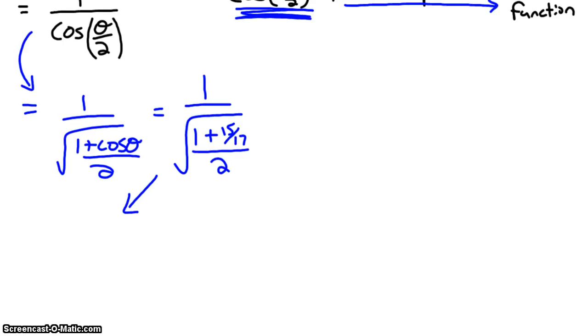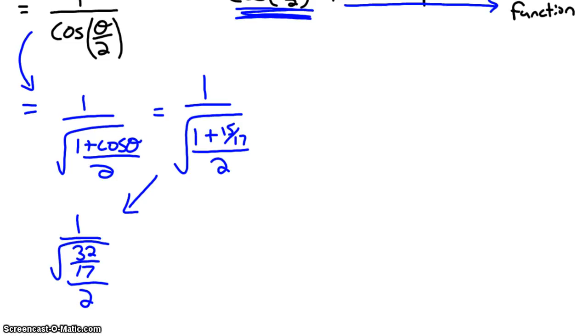That then will be reducible and will give us a 1 over a radical. In this case, we're changing the 1 to a 17 over 17. So I will have 32 17ths, all divided by 2.